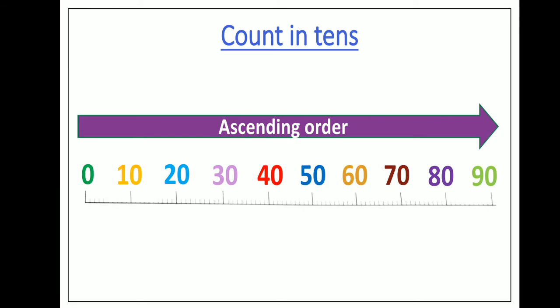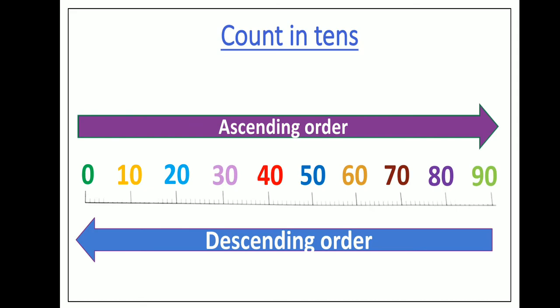For example, 0, 10, 20, 30, 40, 50, 60, 70, 80, 90. You can see as the arrow shows. This is ascending order.